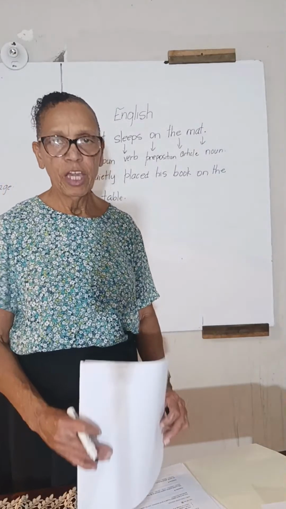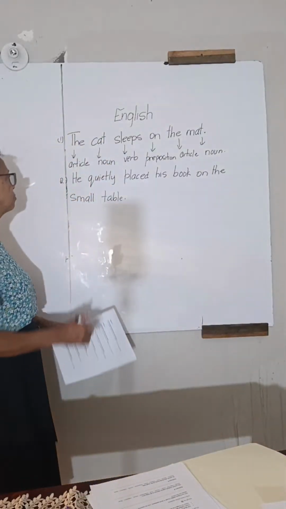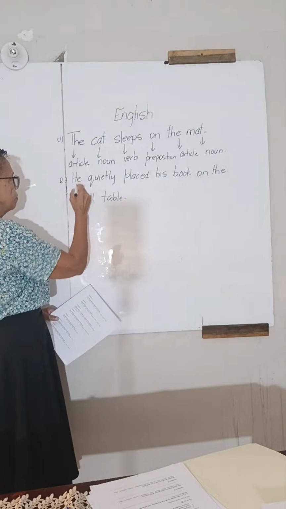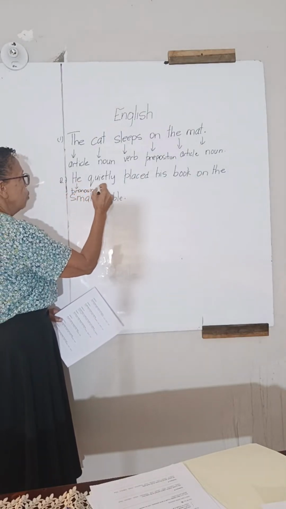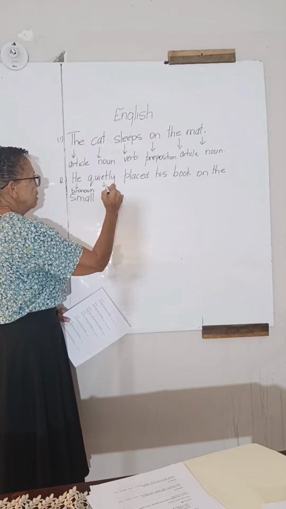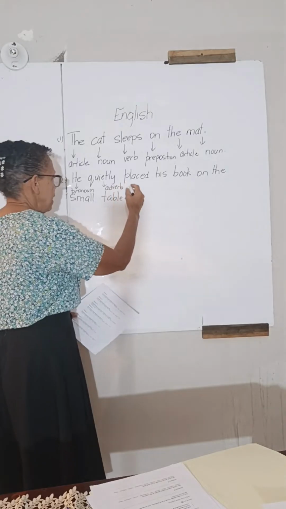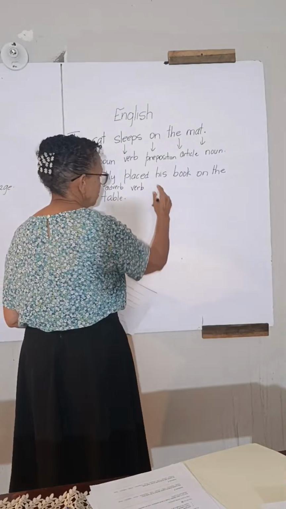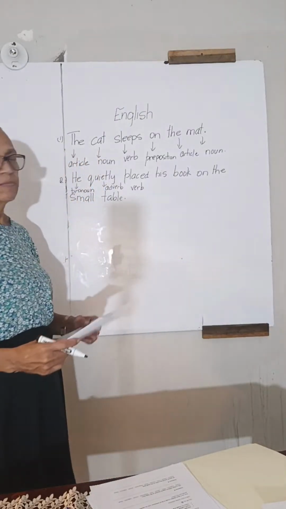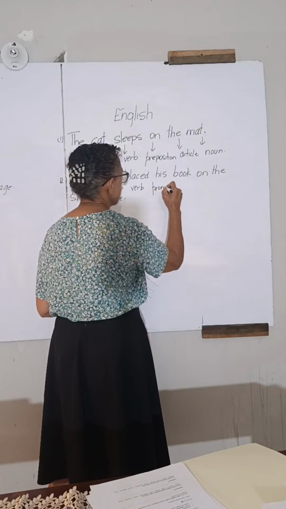Remember, each word belongs to a part of speech. E, pronoun. Quietly, this is adverb, and placed, this is verb. His, what is his? This is pronoun.